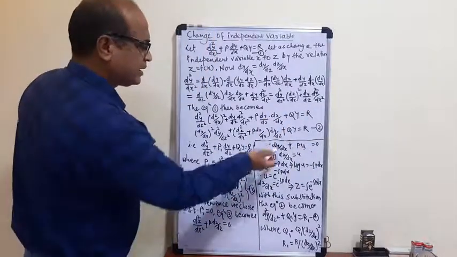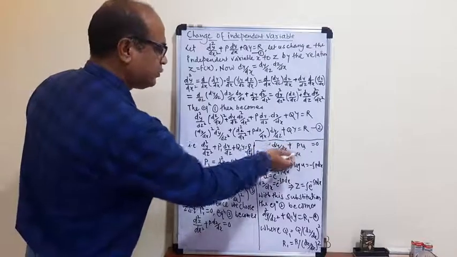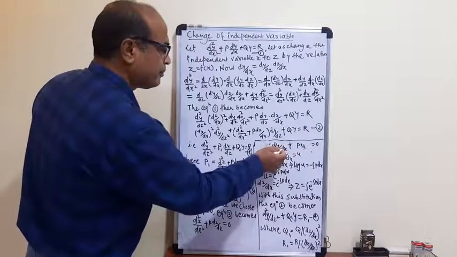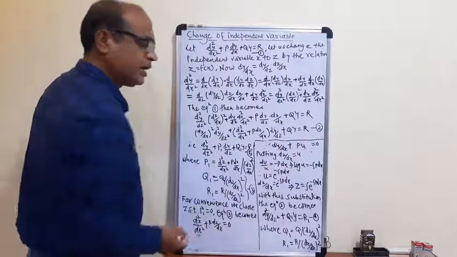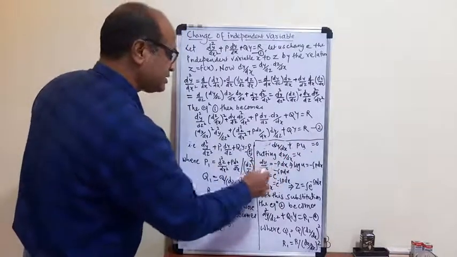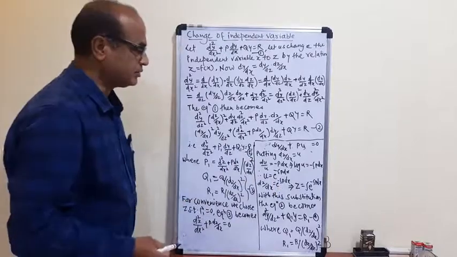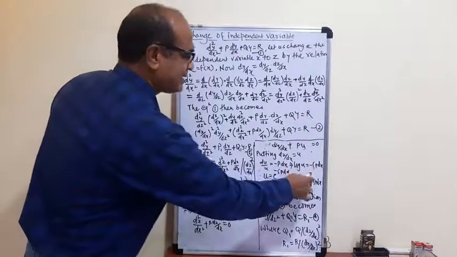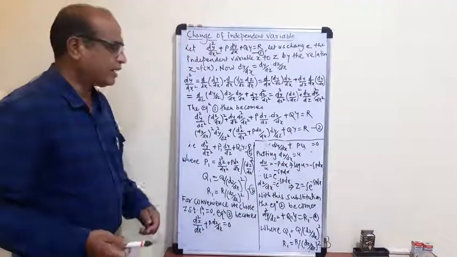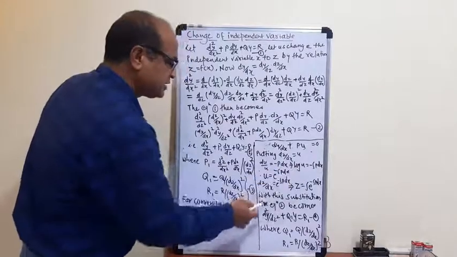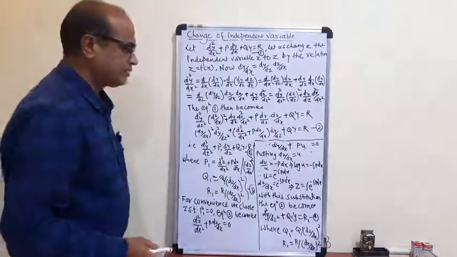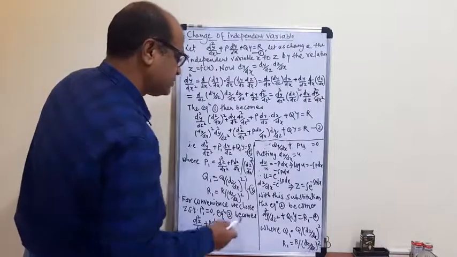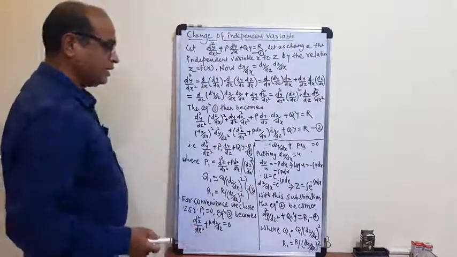Then variable separable type: du upon u is minus p dx. On integration, this is log u is equal to minus integration of p dx. So u is equal to e raised to minus integration of p dx.